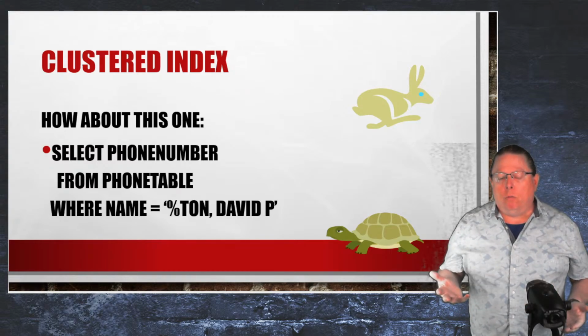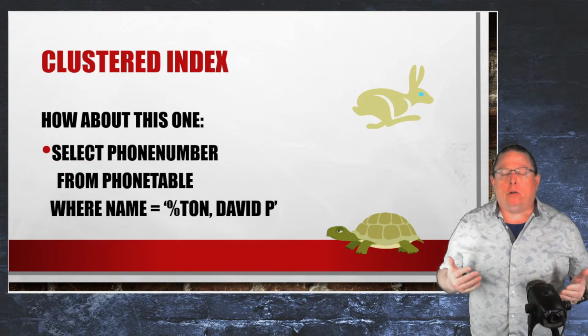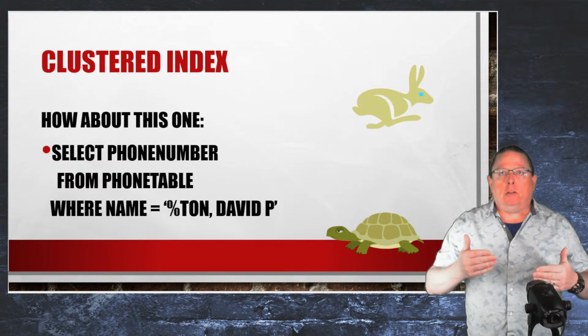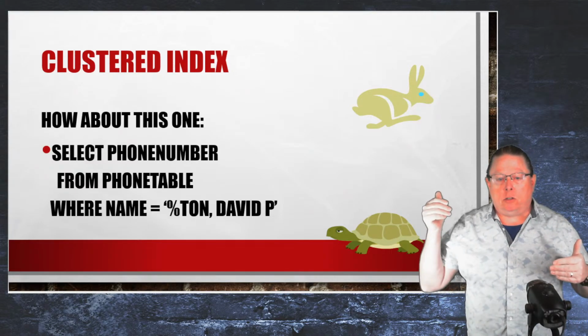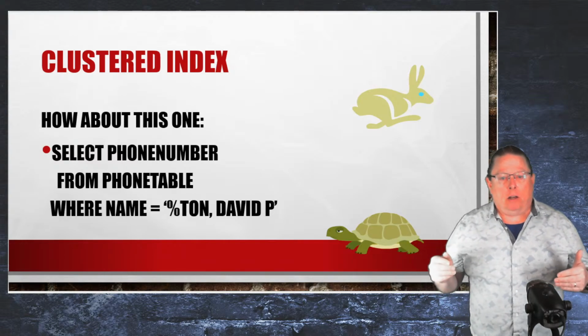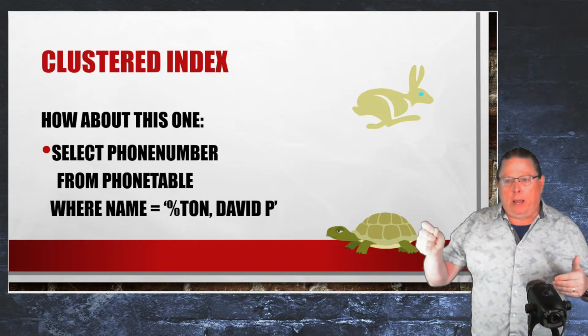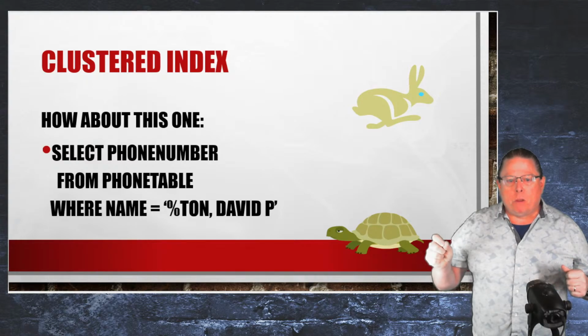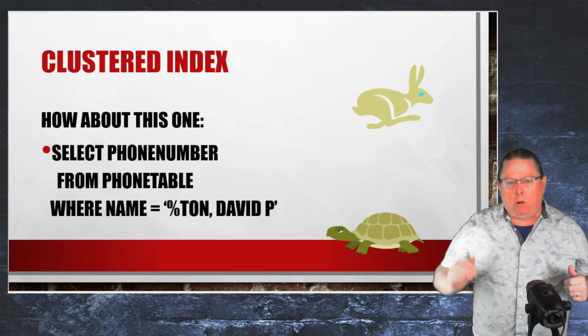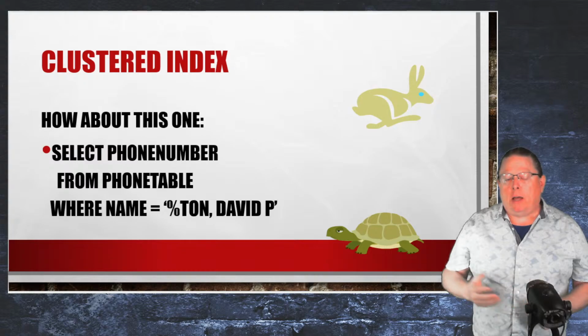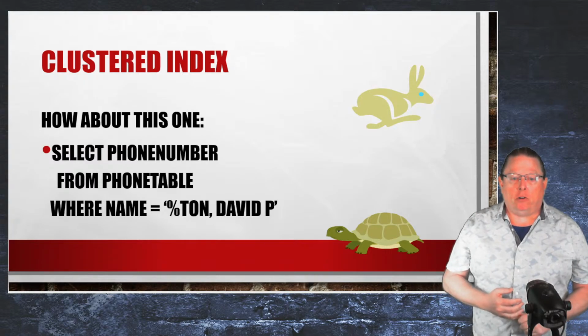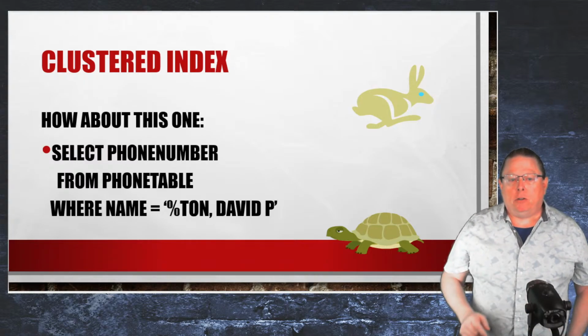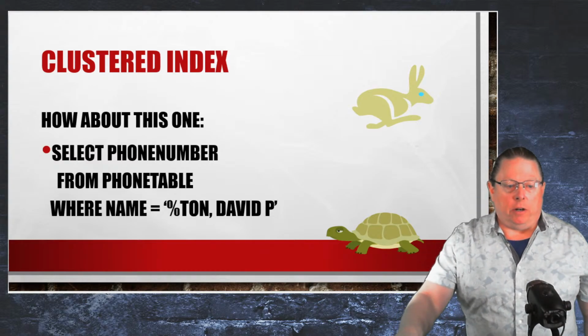If you have the clustered index on name and you're trying to search on something that's not in that clustered index, like give me all the people who are age 32, well, that's going to require a full index scan because that age is not included in that clustering index. And that's where we introduce the idea of non-clustered indexes.